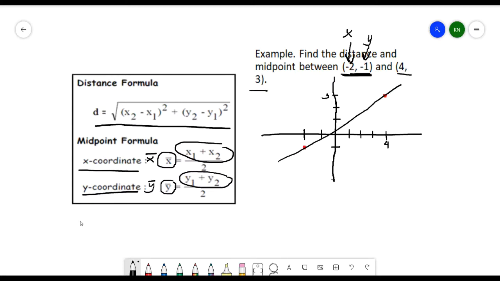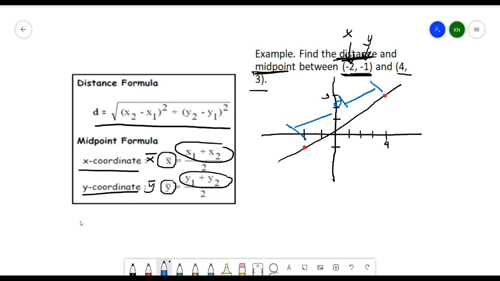That is given by this line. From this, the problem wants us to find the distance between these points, and we also need to find the midpoint of the x and the y.